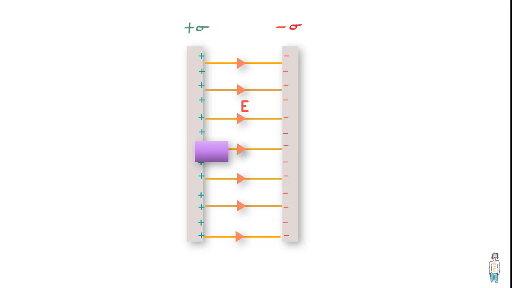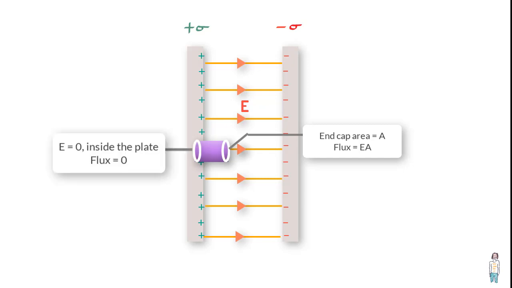The next step is to establish the total flux passing through the Gaussian surface, and we can see that the flux passing through this cap of the cylinder is E times A. We can also observe that there is no flux passing through this side of the cylinder, since it is inside the plate and no field can exist inside the plate under electrostatic conditions.